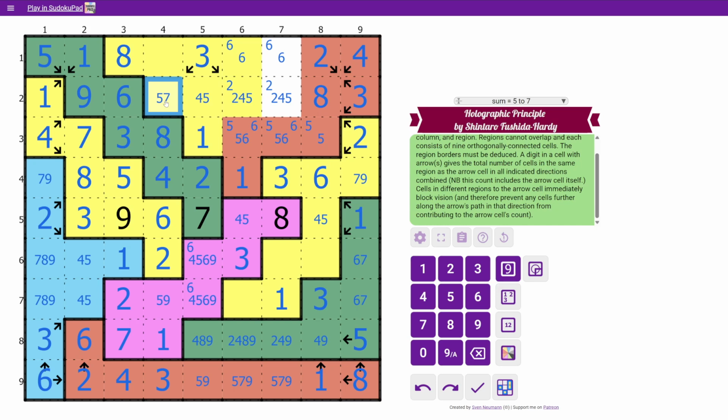Oh, no. 5 or 7 only. Is this a 4 or 5 actually? 1, 2, 3, 4, 5, 6, 7, 8, 9. Yes, that is only 4 or 5. This is 2, 4, 5. This can be 7. That is it. This is 2, 4, 5, 7. What is it?